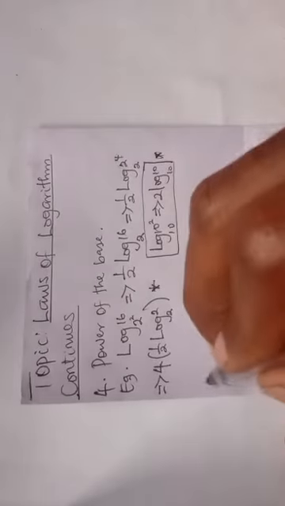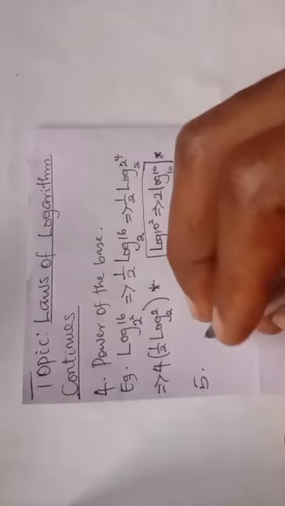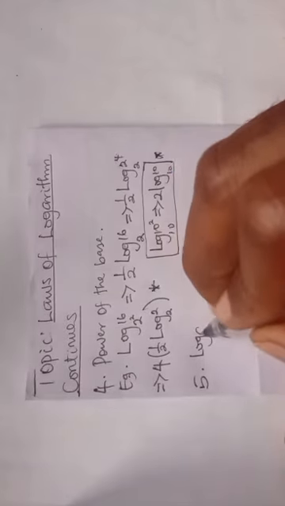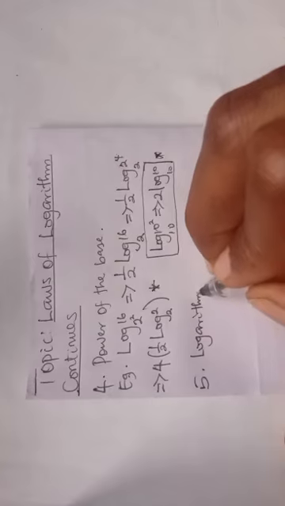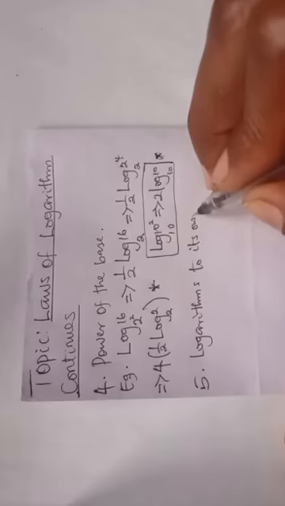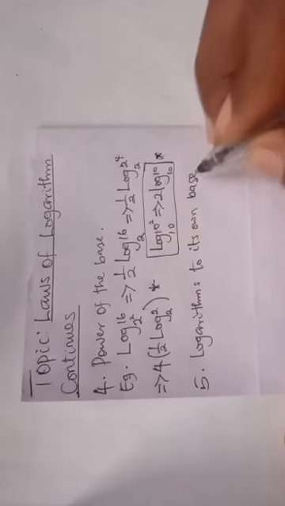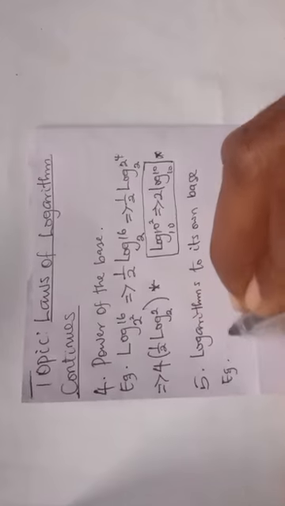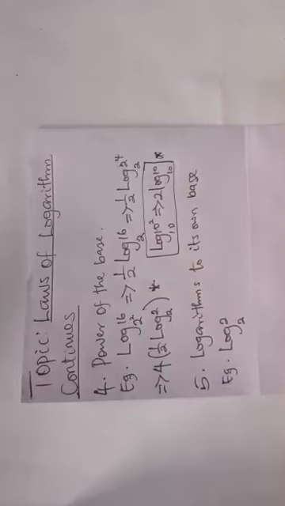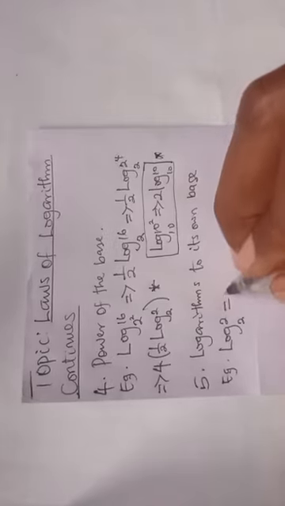Now the next law, which is the fifth law, is logarithm to its own base. I'll give an example here. If I have log 2 to base 2 and the result is 1, that's what the law says.